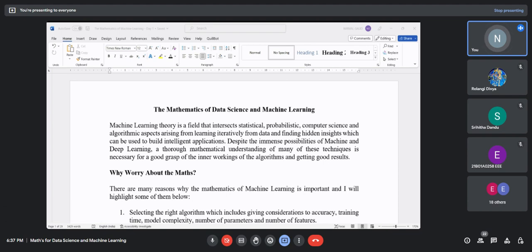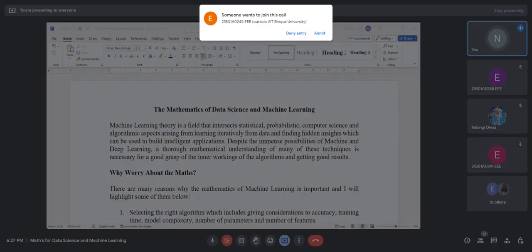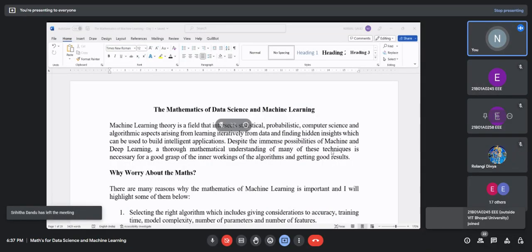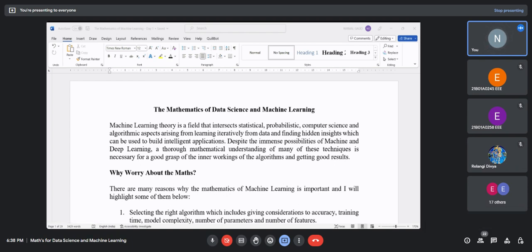And machine learning is something where we expect the machine to gain some knowledge and perform the task according to whatever knowledge the machine has gained. So first of all, data science, as I told, is exploration of the data.